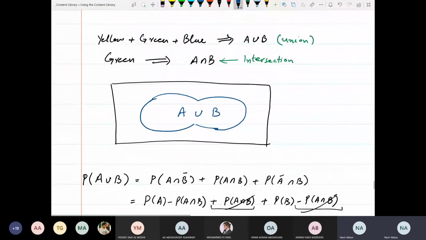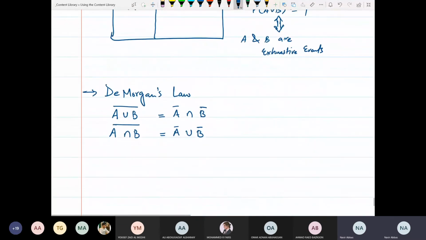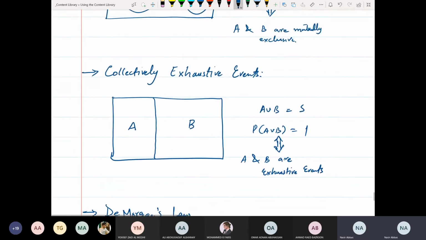In some situations, this is also referred to as De Morgan's law: A intersection B complement, that is A minus A intersection B, and A complement intersection B, that is B minus A intersection B, which we discussed during the addition theorem. So you need to know these terminologies and these laws.